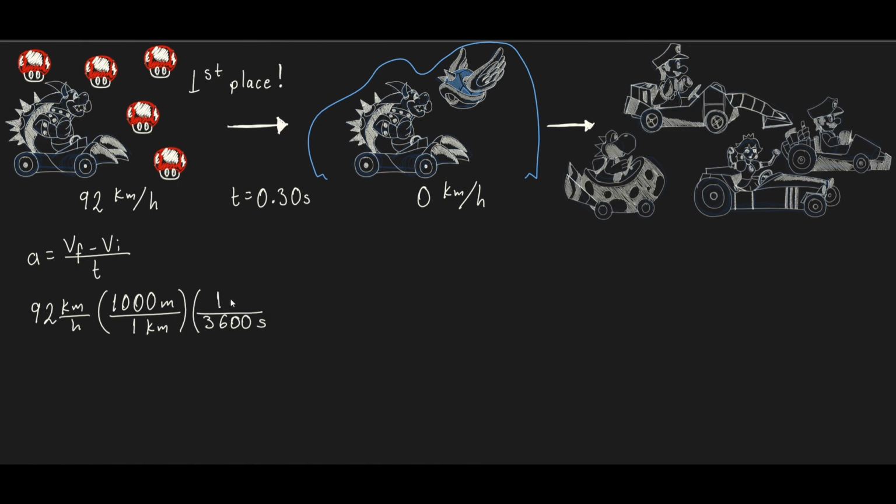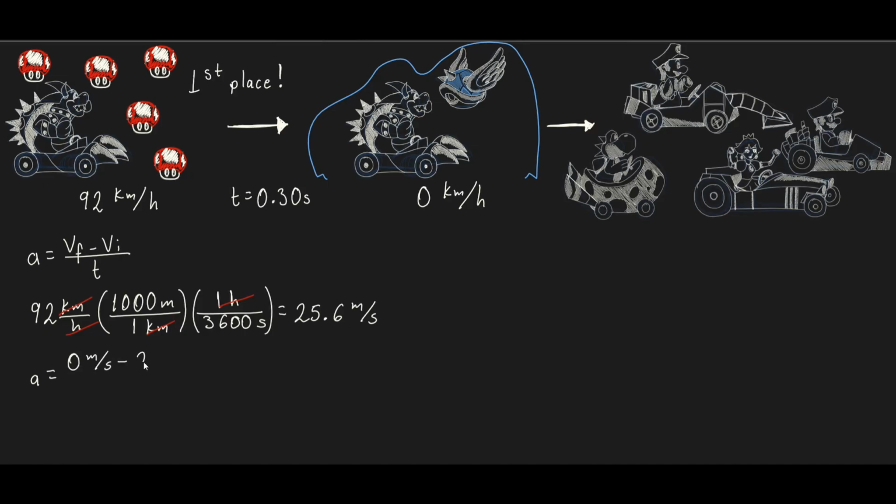Let's calculate Bowser's acceleration in this case. We convert 92 km per hour into meters per second to fit the speed units in with the time units, and we get 92 km per hour times 1000 meters over 1 kilometer times 1 hour over 3600 seconds, which is 25.6 meters per second.